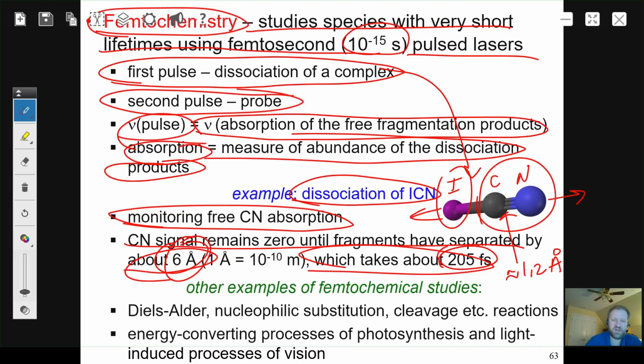And of course, since then there have been a lot of femtosecond studies performed, and I think with years, each year the number increases.